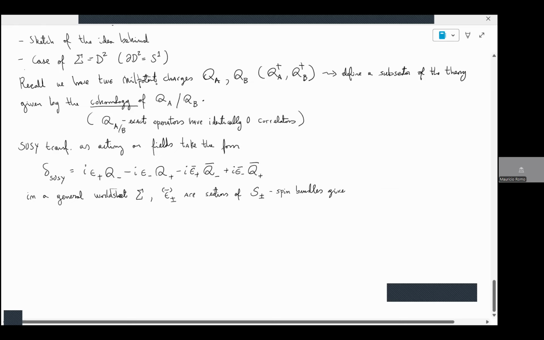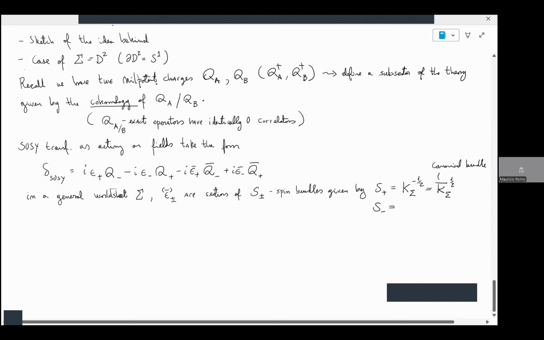In this case, S plus is given by the canonical bundle of sigma, and you take the negative root, or if you want, you can write it as the conjugate of the canonical bundle, and you take just the square root.